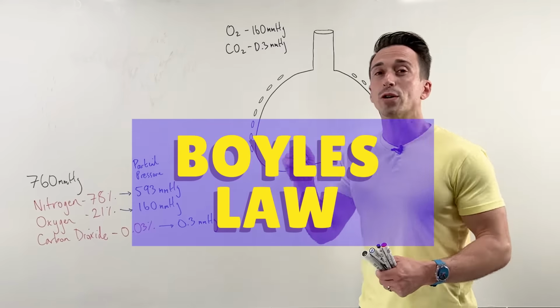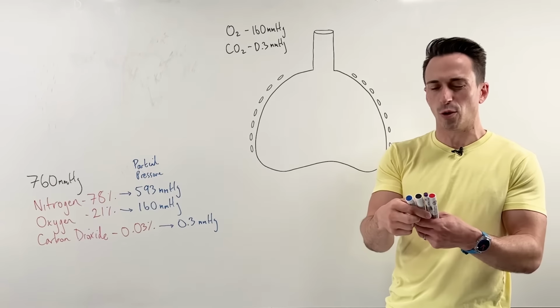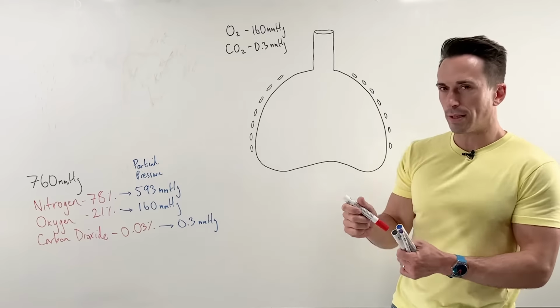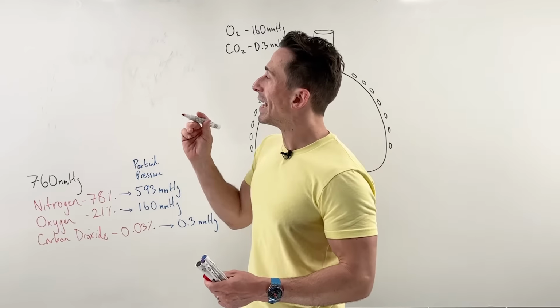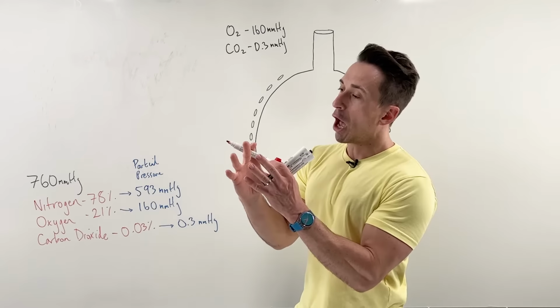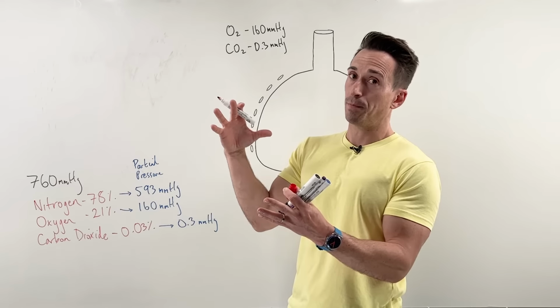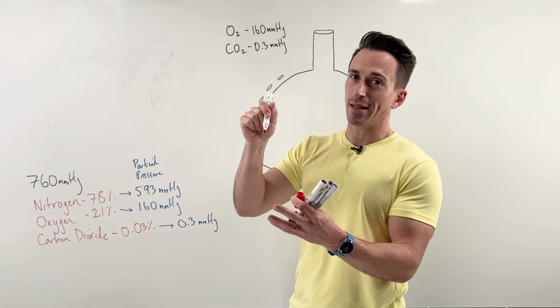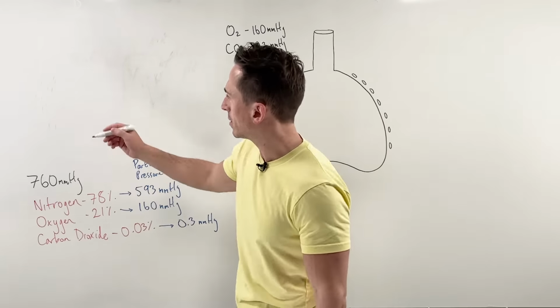Boyle's Law is a really interesting law, super important to understand. Boyle's Law states that there is an inverse or opposing relationship between the volume of a container and the pressure inside of that container. What does that mean? Let's think about this.